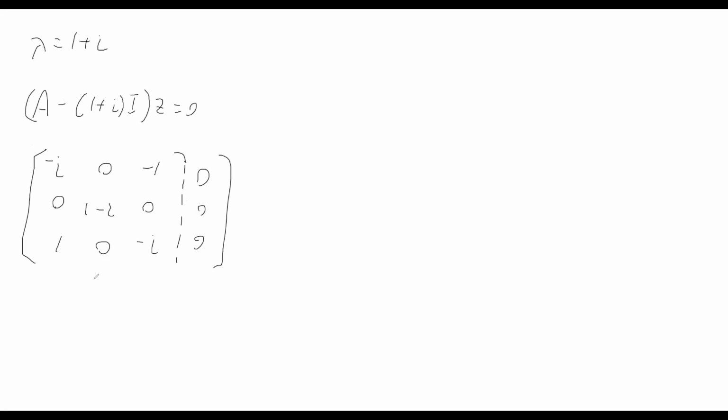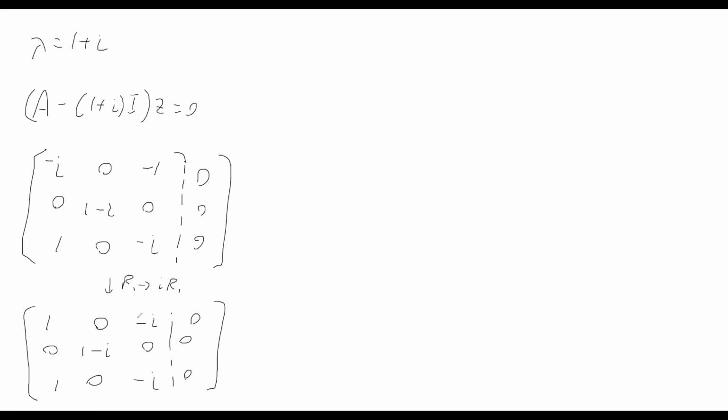So I'm gonna multiply row 1 by i. That'll give me positive 1, 0, negative i, 0, 0, 1 minus i is 0, 0, 1, 0, minus i, 0, like that.